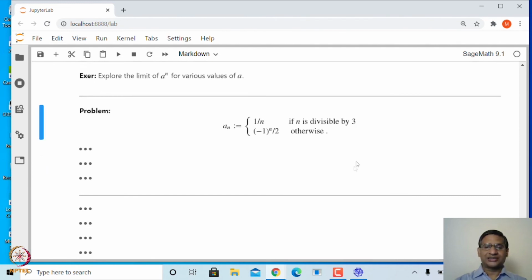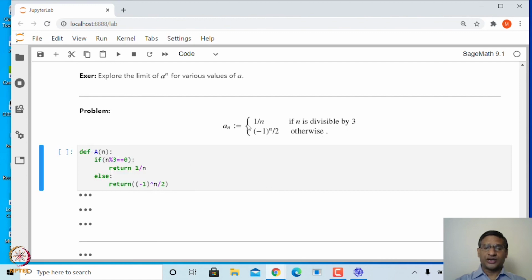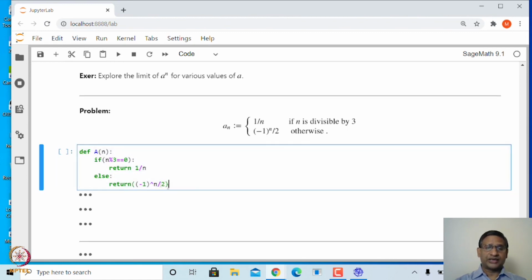Let us look at this sequence. A n is equal to 1 by n when n is divisible by 3, and is equal to minus 1 to the power n by 2 otherwise. So, you have to define this using def, and whenever 3 divides n, you return 1 by n, and otherwise you return the second component.